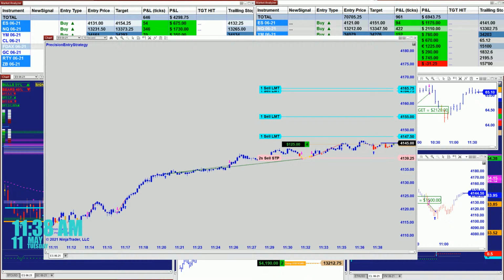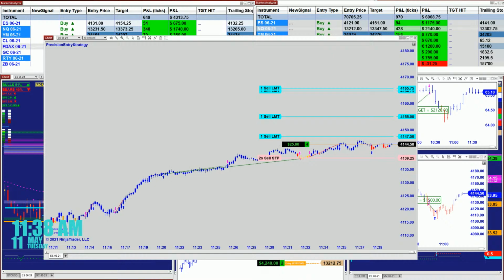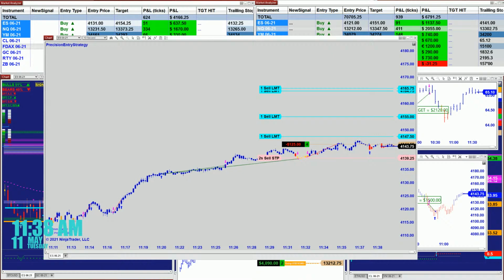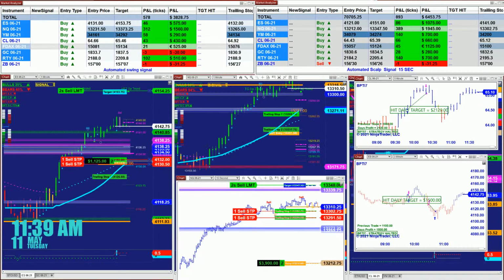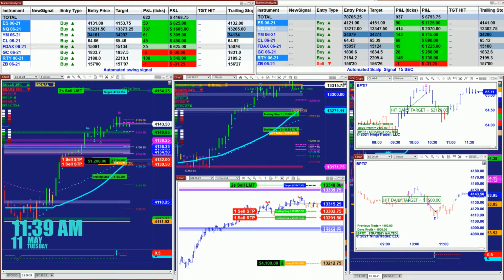This auto trade is called the precision entry strategy. We will be covering that on Monday if it's ready. I like it. It's very user-friendly, not complicated. There are no filters.